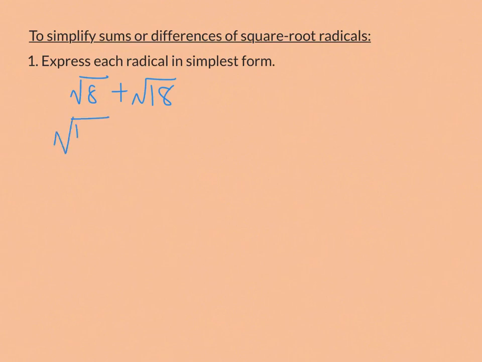So you know that 8 is 4 times 2 and 18 is 9 times 2. From here, you can rewrite them as 2 root 2 plus 3 root 2. And now you have the two terms with like radicands. We're going to apply the next step to help us combine these two terms.